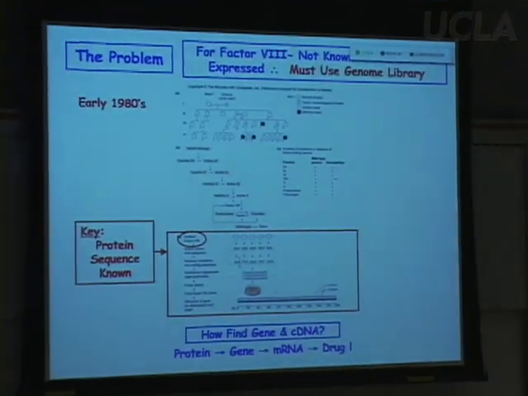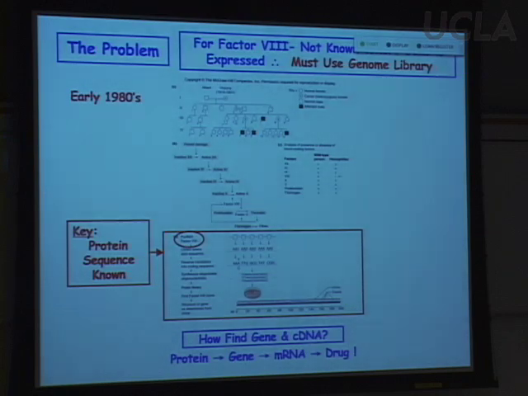Okay, as you recall, last time on Tuesday I was talking about this wonderful quest to find a drug for factor 8 and to help find a treatment, not a cure, for hemophilia. And as I said on Tuesday, it was a lethal disease. They didn't know where the gene was expressed, but they knew a little bit about the protein.